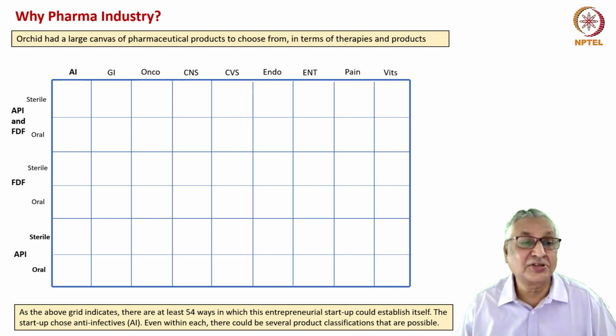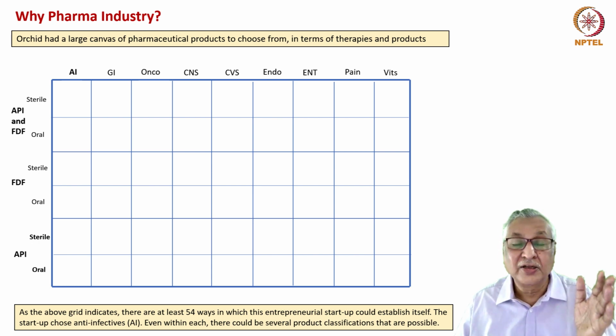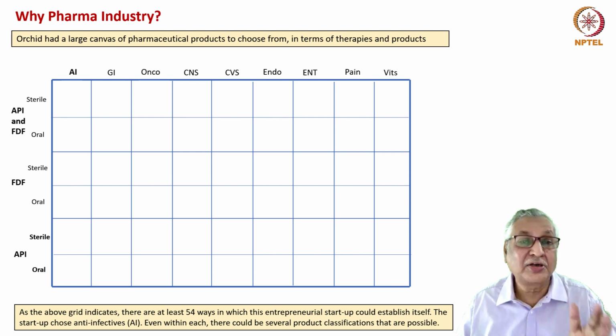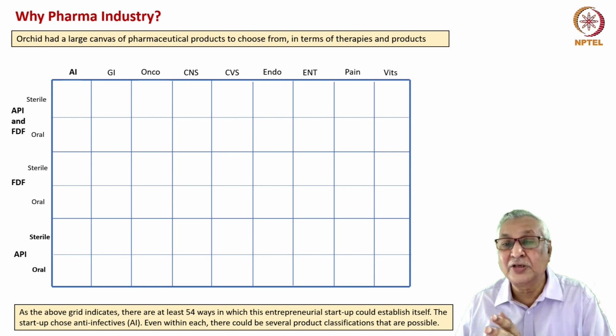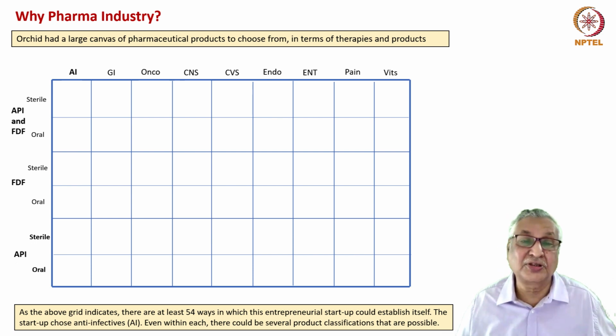And on the x-axis, you look at various therapies, anti-infectives, gastrointestinal, oncology, central nervous system, cardiovascular system, endocrinology, ENT, pain, and vitamins. You see the kind of options that are available, and these are not comprehensive. These are just representative or illustrative.